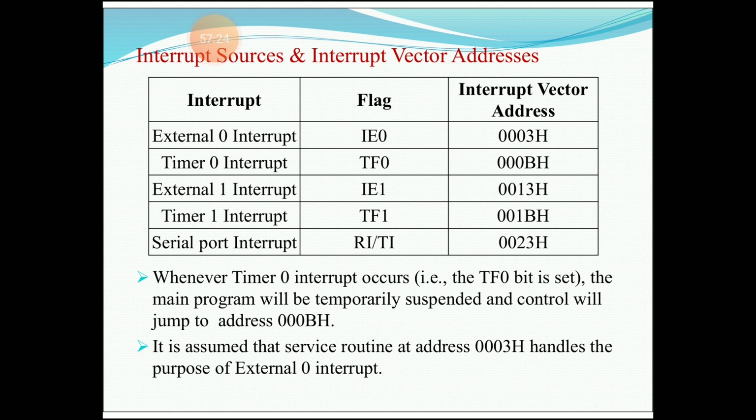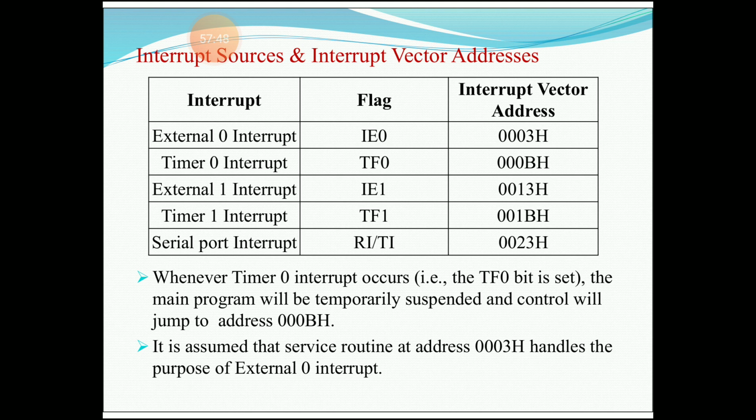Similarly, when the external 1 interrupt occurs, the IE1 bit is set, and the controller transfers control to the address 0013H. And the timer 1 interrupt occurs based on the timer 1 overflow condition. The TF1 flag is set and control is transferred to the address 001BH, from where the controller executes the program called ISR.